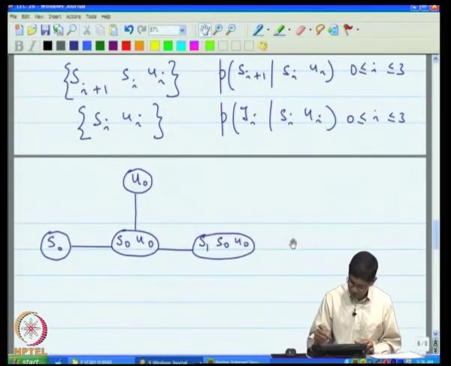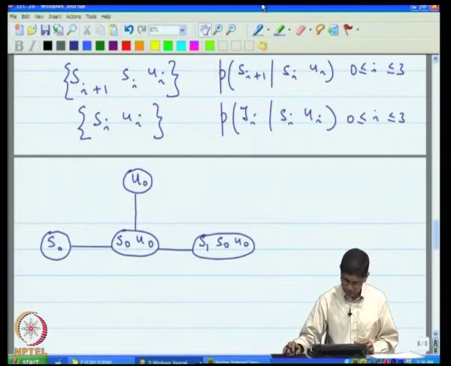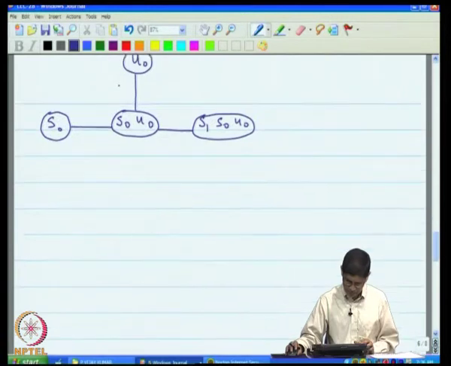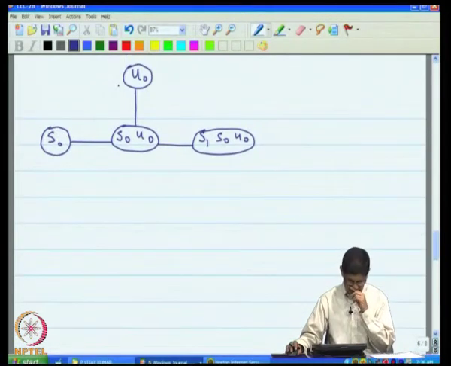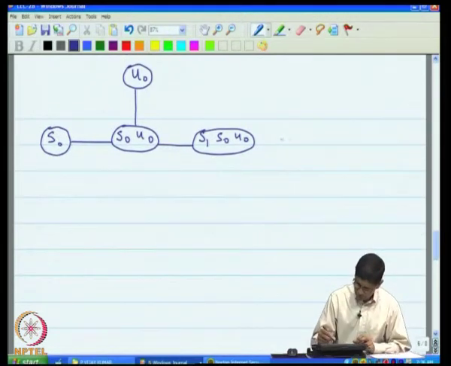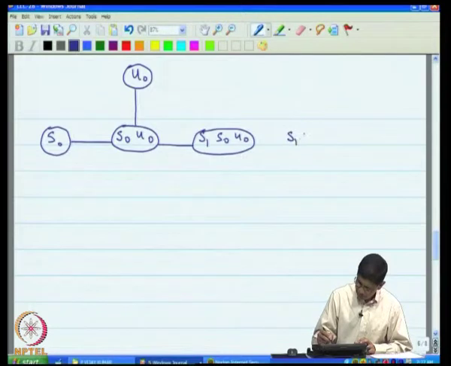So, I am going to connect it to that. Right, as I said I am not going to dwell on this, you can figure this out on your own. So, this will then be S1 U1 and then U1.